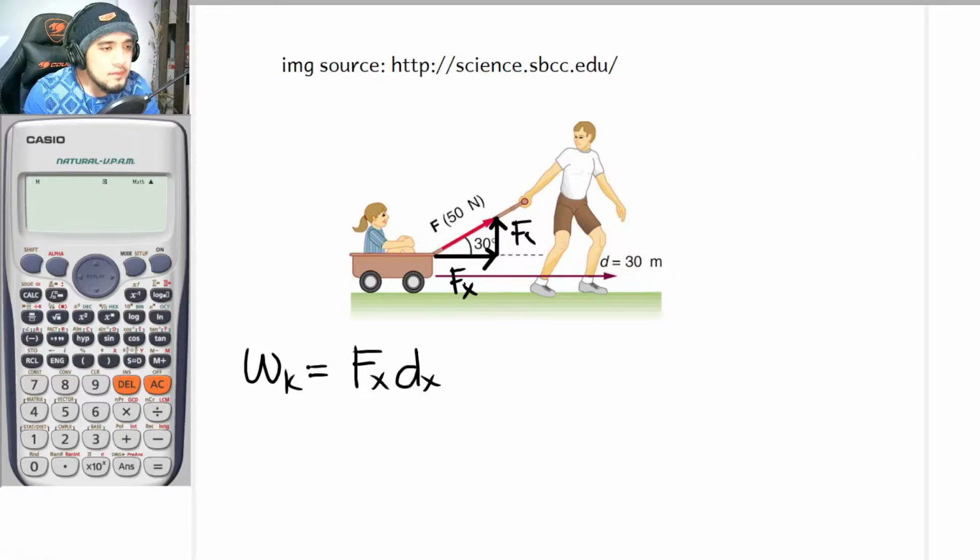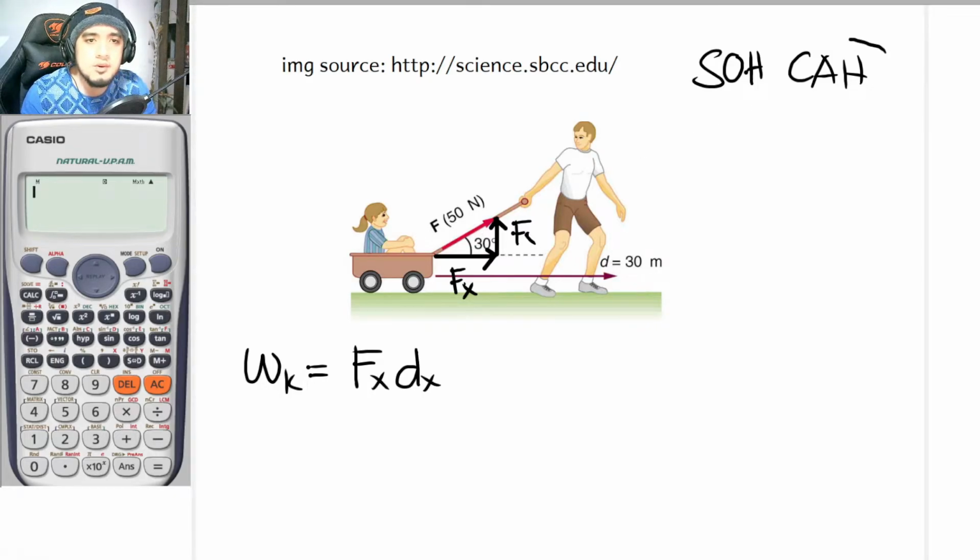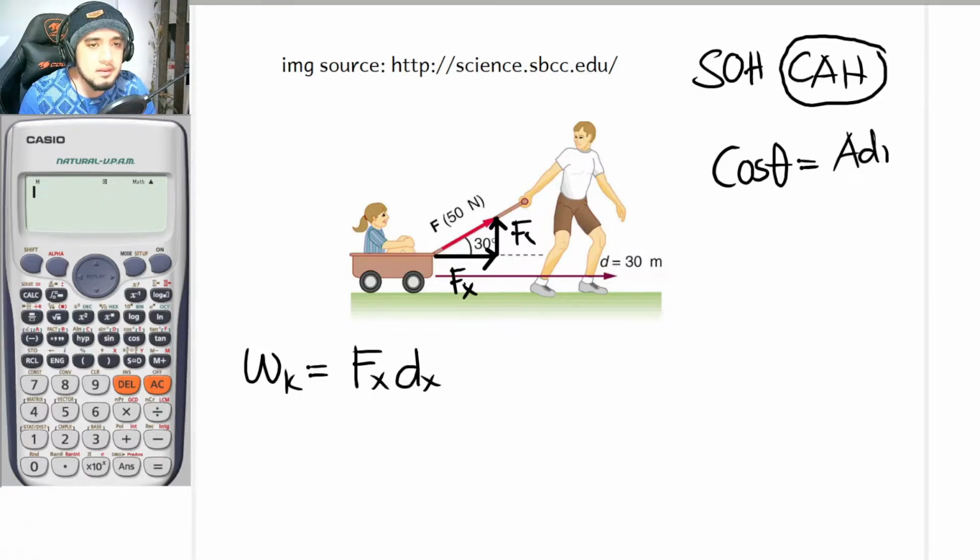Okay, and if this is now your vector, with this as the value of your Fx and this as your angle, we would now be using cosine, because cosine theta is equal to the adjacent side divided by the hypotenuse.